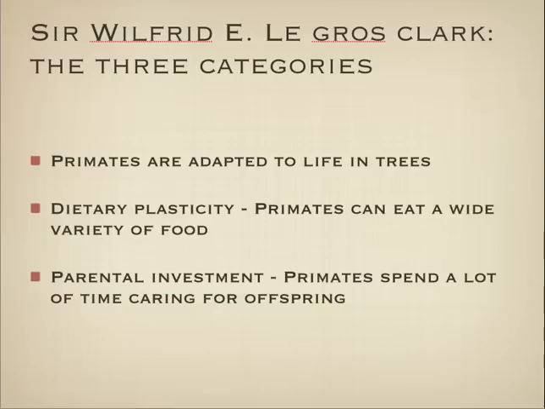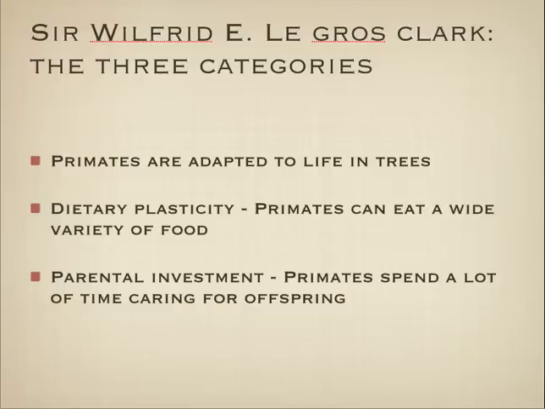All right, let's look at the three categories also described in your books that primates fall under. Now, we have teased out specific anatomical traits and behavior traits based off of these three categories, which we'll get into shortly.